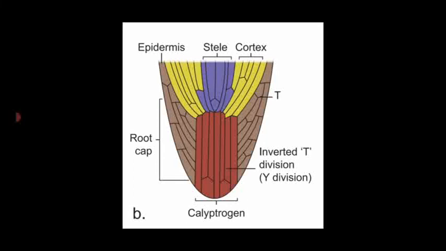Stele is violet in color, cortex yellow color, and epidermis is the brown color. Then the other one, Kappe, is the T division or Y division which gives rise to the root cap, that is the calyptrogen region. So this is said to be the Korper-Kappe theory. It consists of two divisions, straight T and inverted T division.